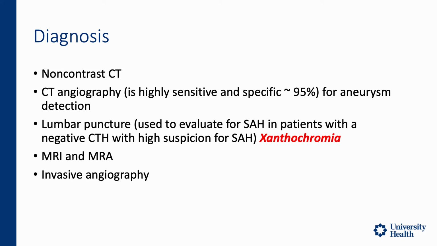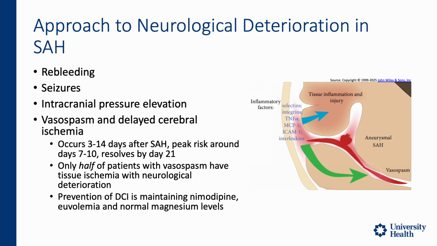The next thing you can do is lumbar puncture. Like I said, it's used to evaluate for subarachnoid hemorrhage in patients with a negative CT head with high suspicion for subarachnoid hemorrhage. And usually what you'll see in these patients is going to be xanthochromia. MRI and MRA also, and then your invasive angiography, like we said, your digital subtraction angiography, which is going to be both diagnostic and therapeutic.